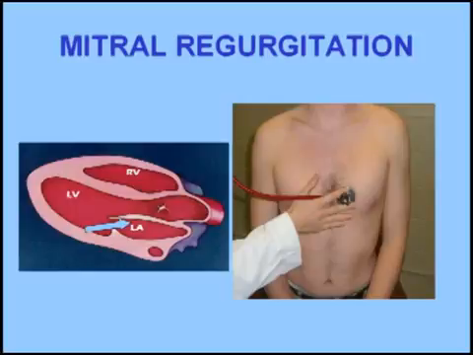If the regurgitant jet is directed anteriorly towards the sternum, the murmur radiates towards the left sternal edge.